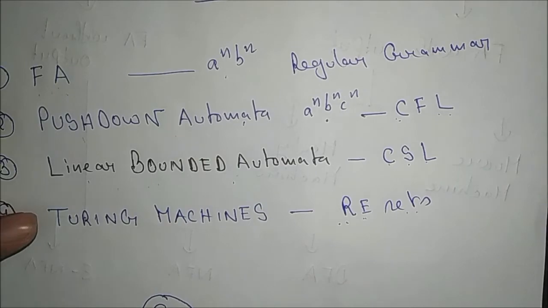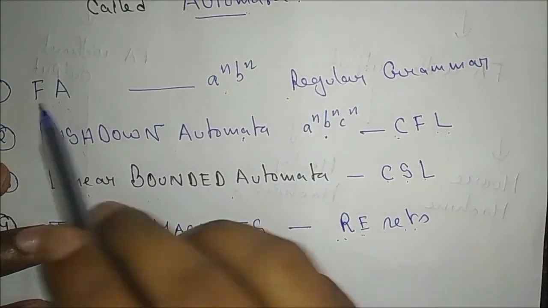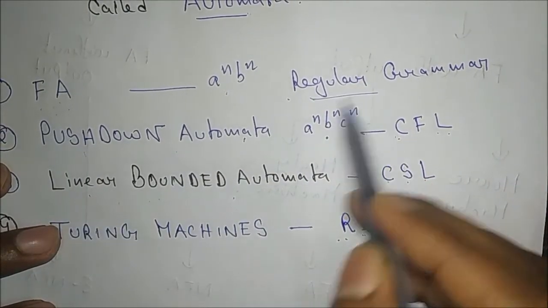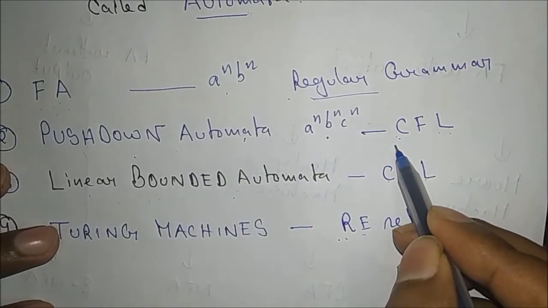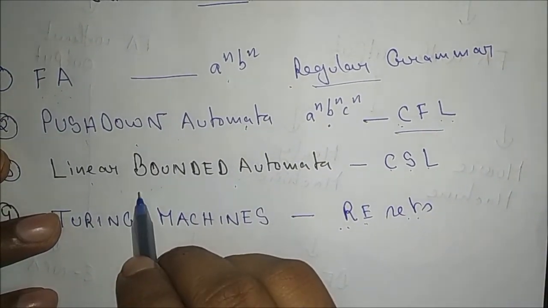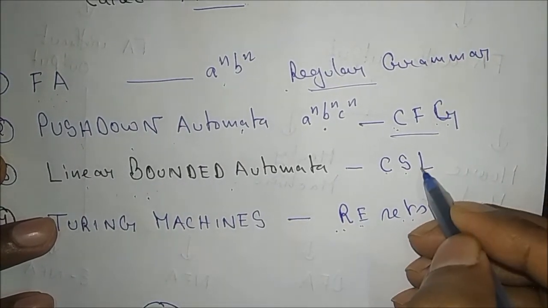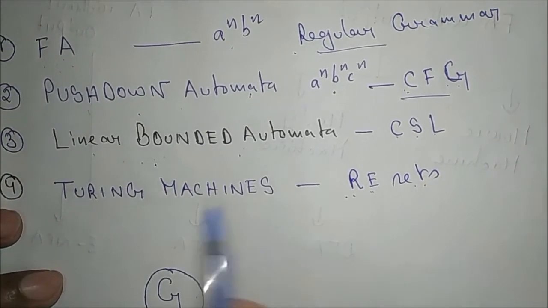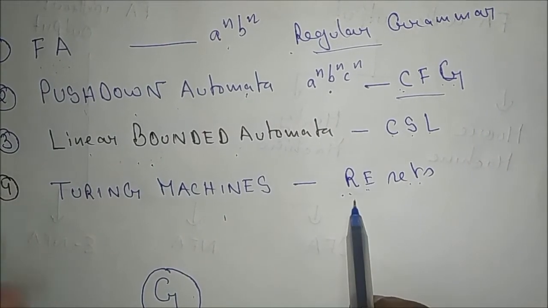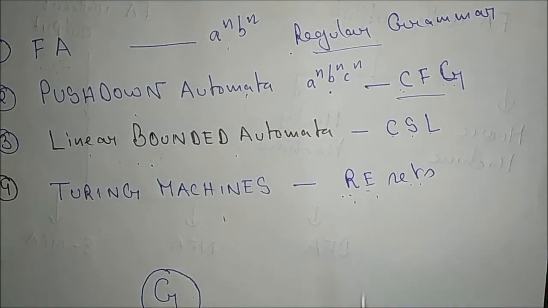So these four types of machines deal with these types of grammar. Finite automata deals with regular grammar, push-down automata with context-free language, linear bounded automata with context-sensitive grammar, and Turing machine with recursively enumerable sets.